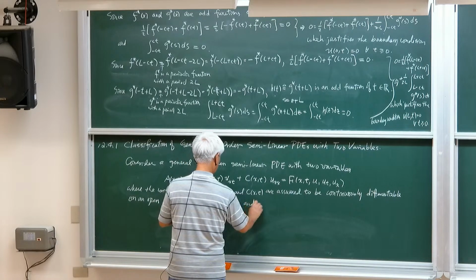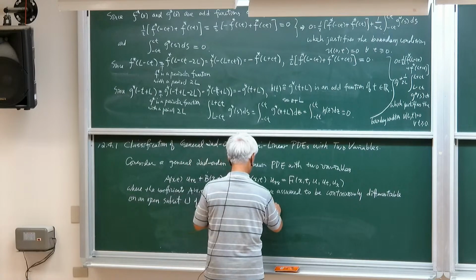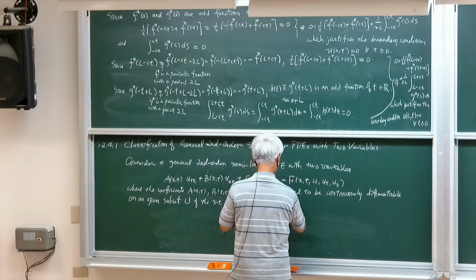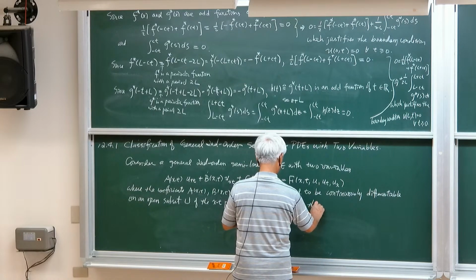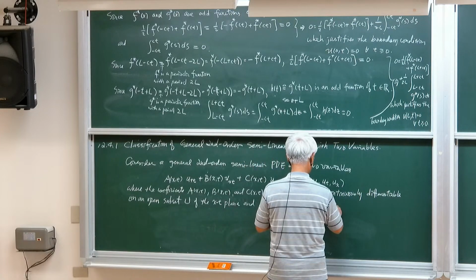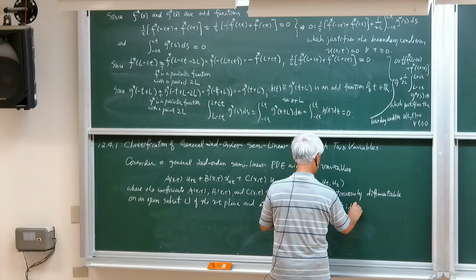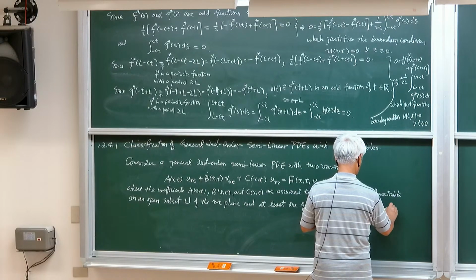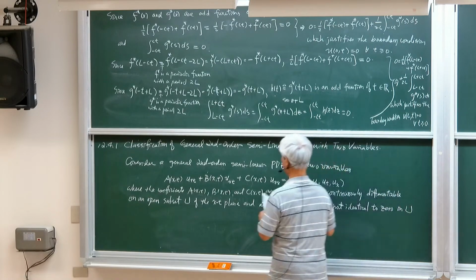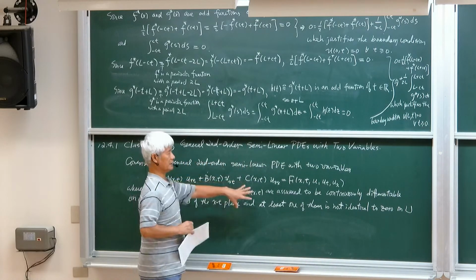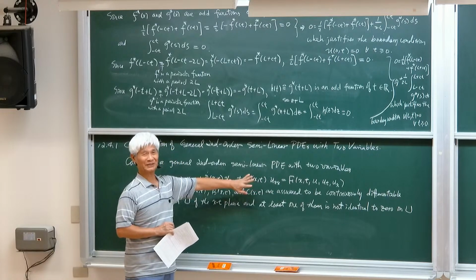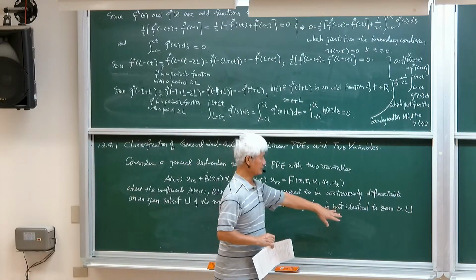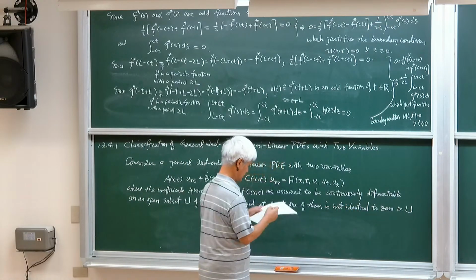And at least one of them is not identical to 0 on U. Because if all A, B, C are identical to 0, then we have no second order term that way. So at least one of them is not identical to 0 function on U.